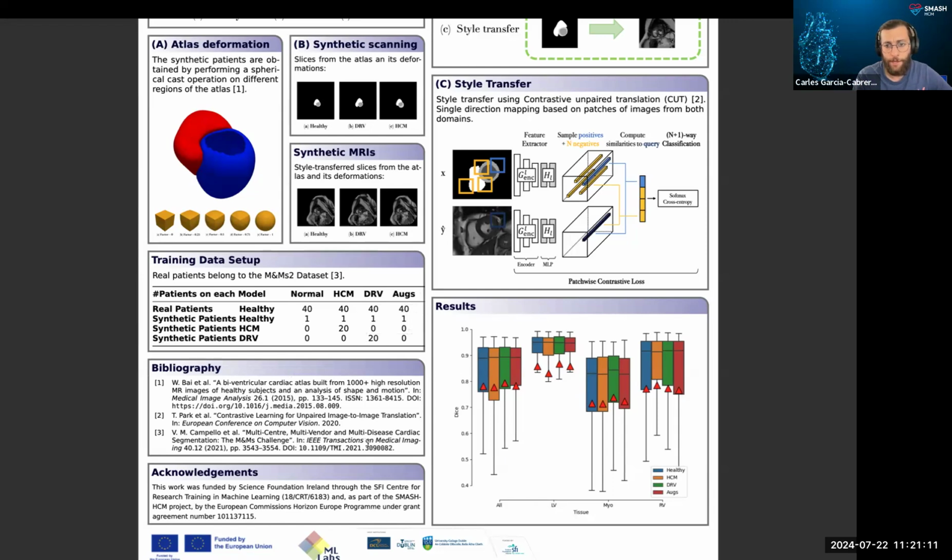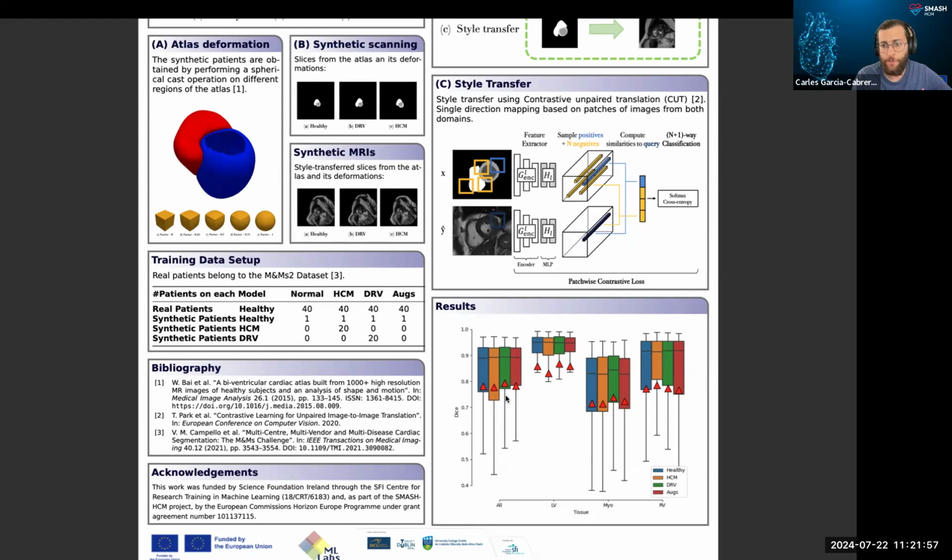In our results, for all the cavities, and here I'd like to mention that the test set is based on diseases that are unseen, that don't correspond to any of those, but also includes the ones that correspond to these diseases, we see that the results are better in our dilated right ventricle based model, performing better than the healthy control one and better than the augmentation, while the HCM-based one performs a little worse.